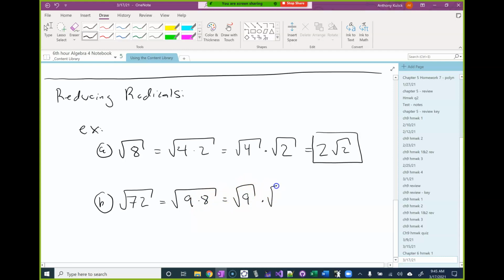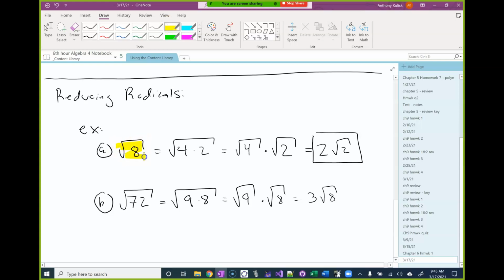And then we could break it up, just like we did before. The square root of 9 is 3, and the square root of 8. But is the square root of 8 as reduced as it can get?